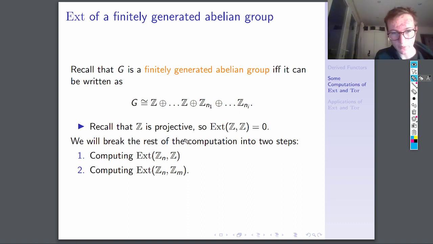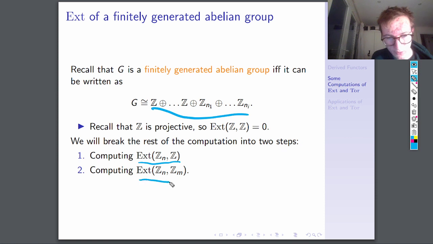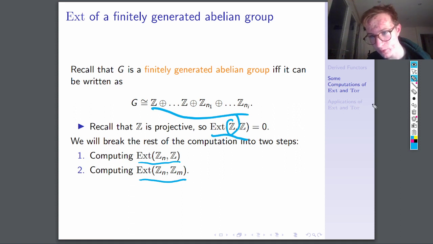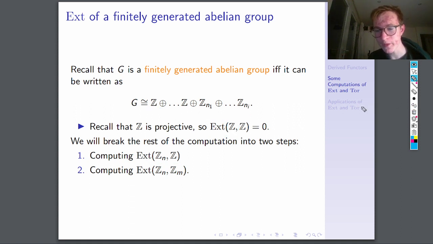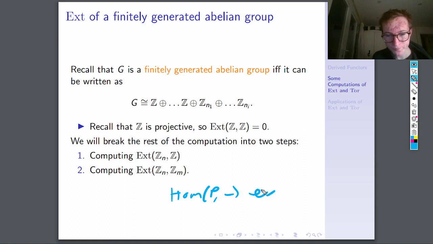So we can compute this in 3 stages, basically. Firstly, we're going to compute Ext like this, and then we're going to compute this. Also, we would need to compute this, but it's trivial because the integers are projective, and if our first variable here is projective, then the whole thing is. The intuition is that something is projective if and only if it makes Hom of P something exact.